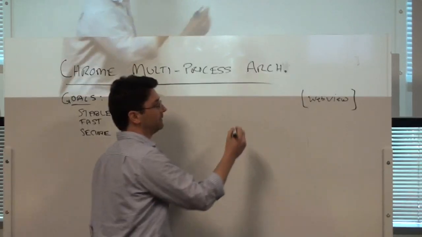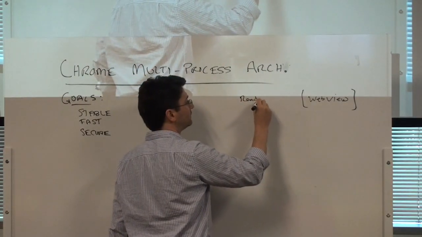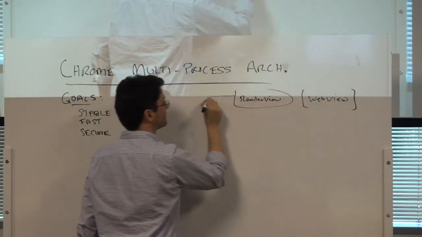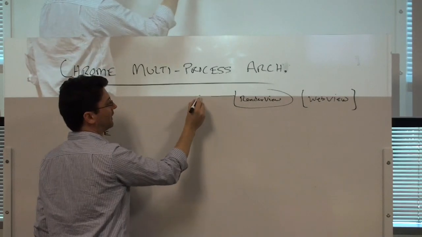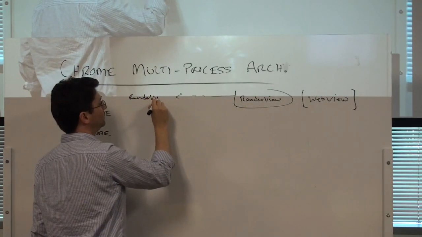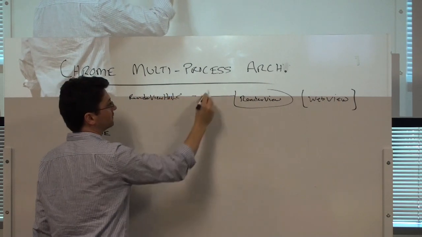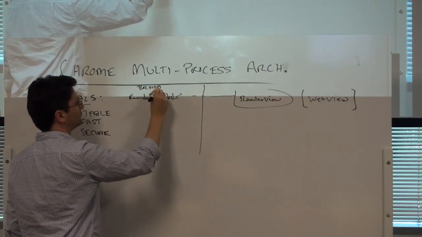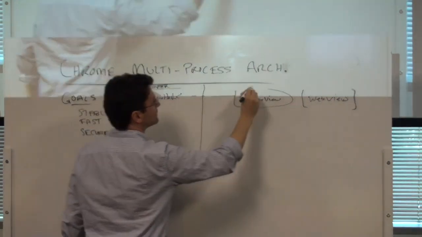So we wrap the web view with something called a render view. And then this talks, as I'll discuss later, over IPC, to something called a render view host. So this is in the browser. And then here's the renderer process.